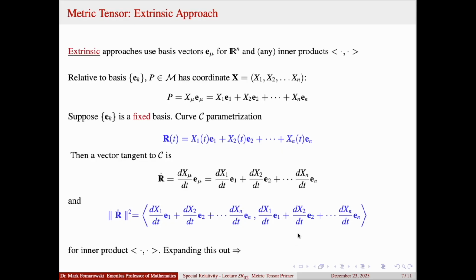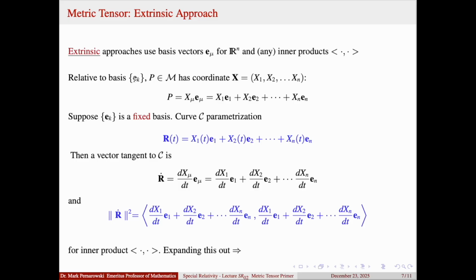The extrinsic approach is arguably a little bit more general, and what it depends on is only knowing basis vectors and inner products of the basis vectors. What do I mean by that? Well, we're going to describe the surface a little bit differently. I'm going to do it a straight up approach.